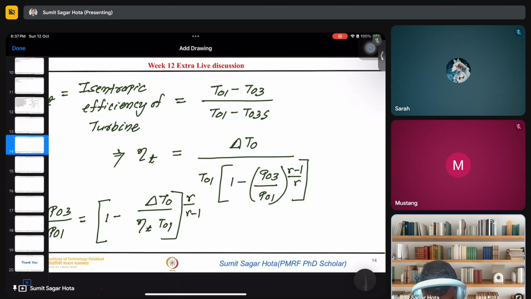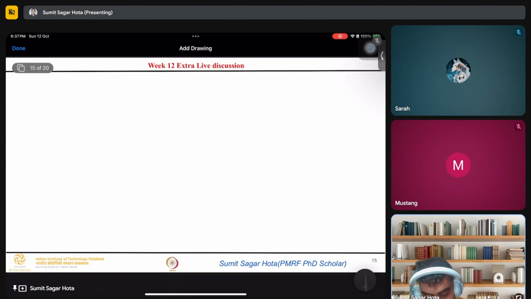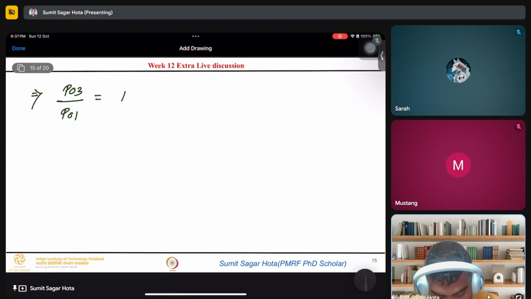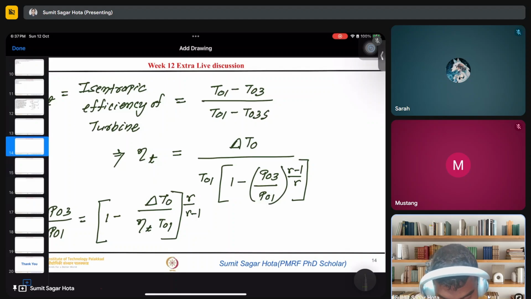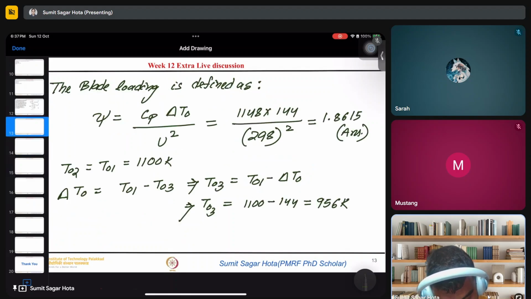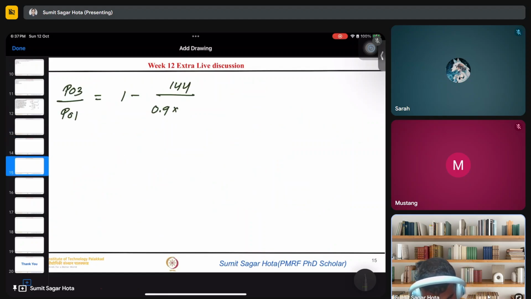So just substitute all these values. T naught 1 is 1100 Kelvin.